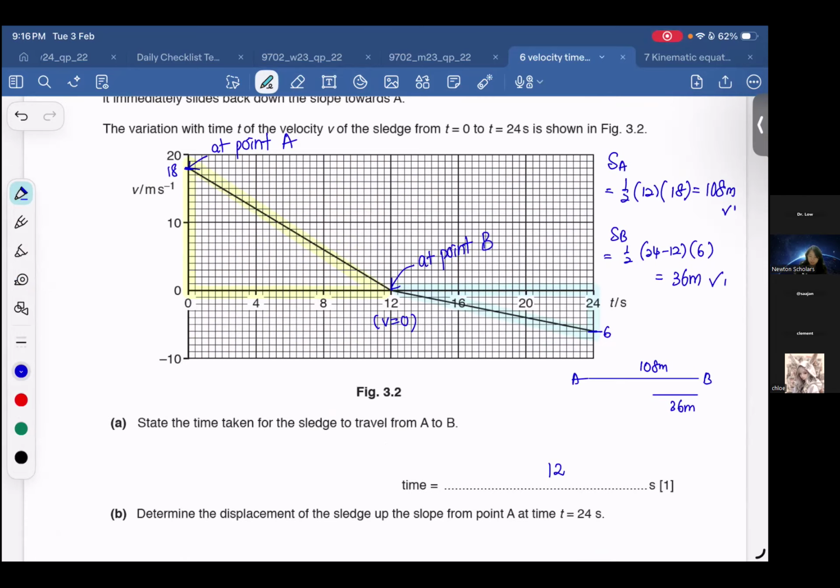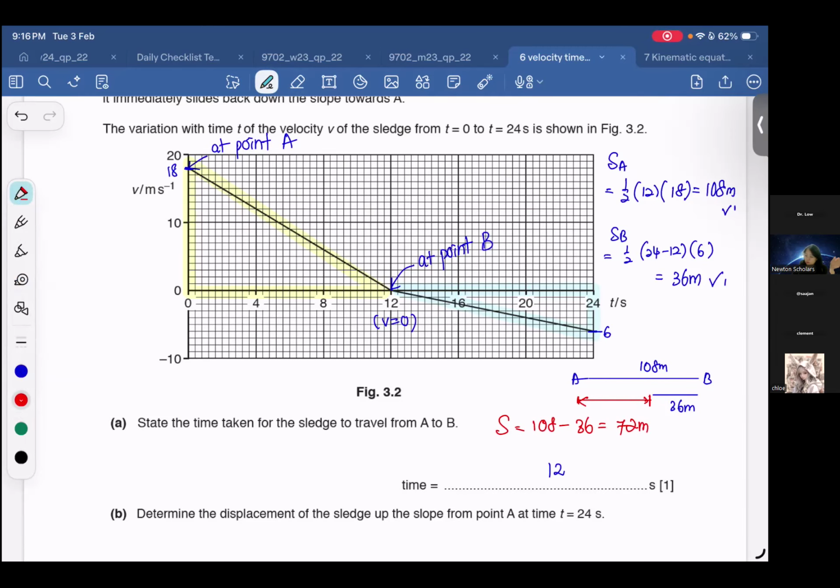What is your displacement? Displacement should be from here to here. So how should we do? We should use 108 minus 36. So your answer should be 72 meter for displacement. Is that clear?